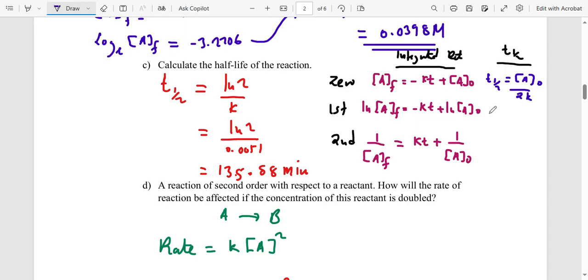When you come to a first order reaction, the half-life is natural log of 2 over K. And then for a second order reaction, the half-life is going to be 1 divided by K multiplied by the initial concentration. So please, you need to know these equations because these are the ones that you're going to be using when they ask you. Because we are given a first order, that's why we picked the half-life to be natural log of 2 over K. Does that make sense now? Excellent.